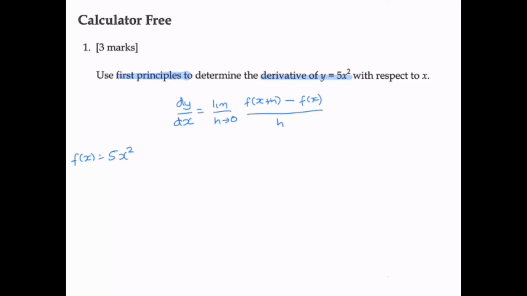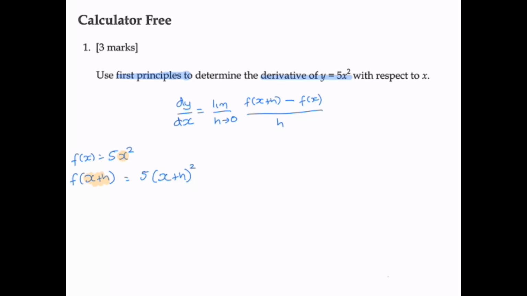Therefore, f of x plus h basically means wherever we see x in our expression, we have to replace it with x plus h. So we get 5, and in our original function we have x, so we replace that with x plus h, and our original function has a squared, so this also has a squared.